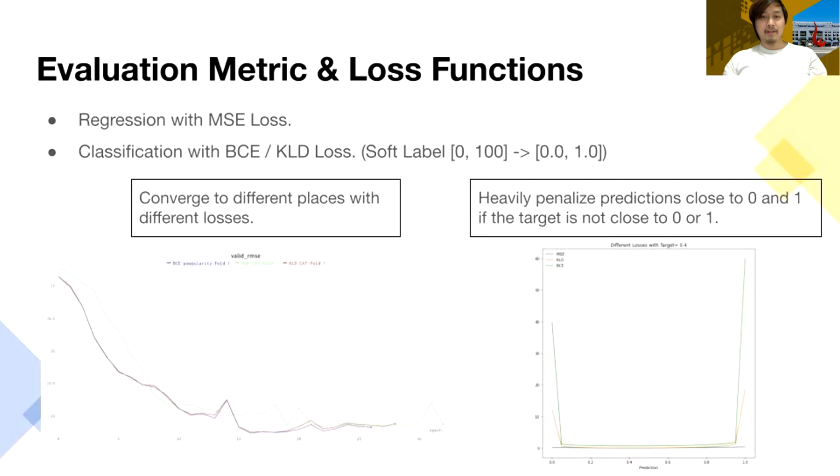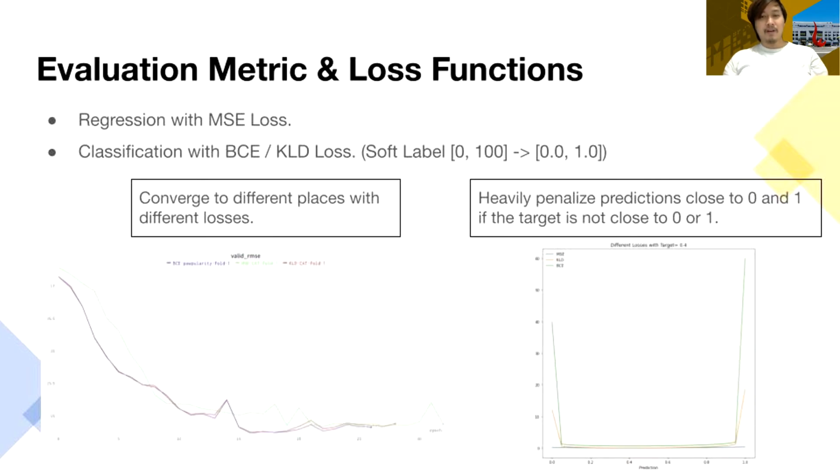If you look at the chart on the bottom right corner in this slide, you can see if the target value is 0.4, right? If you have a prediction that's close to 0 or 1, the loss is super high for BCE, even higher than the MSE loss. So we can consider that BCE loss will penalize heavily for predictions that are close to 0 and 1, when the target value is not close to 0 and 1.